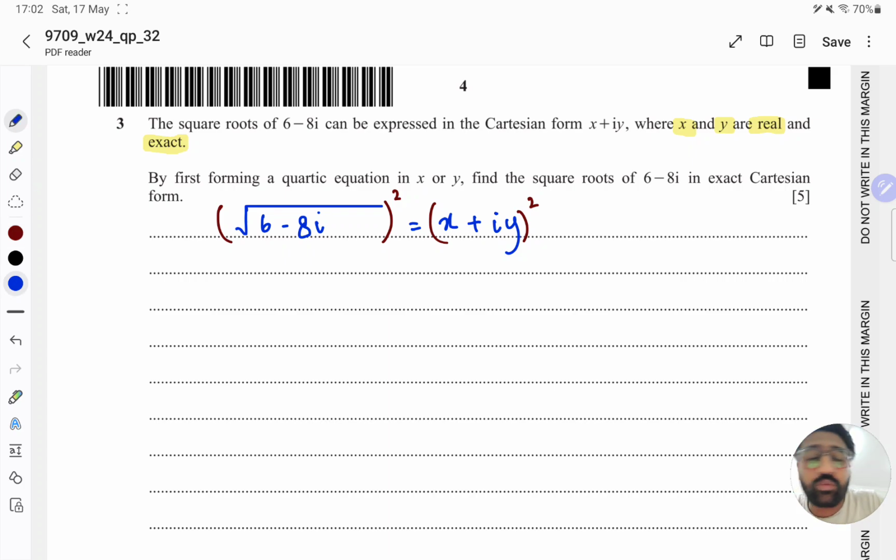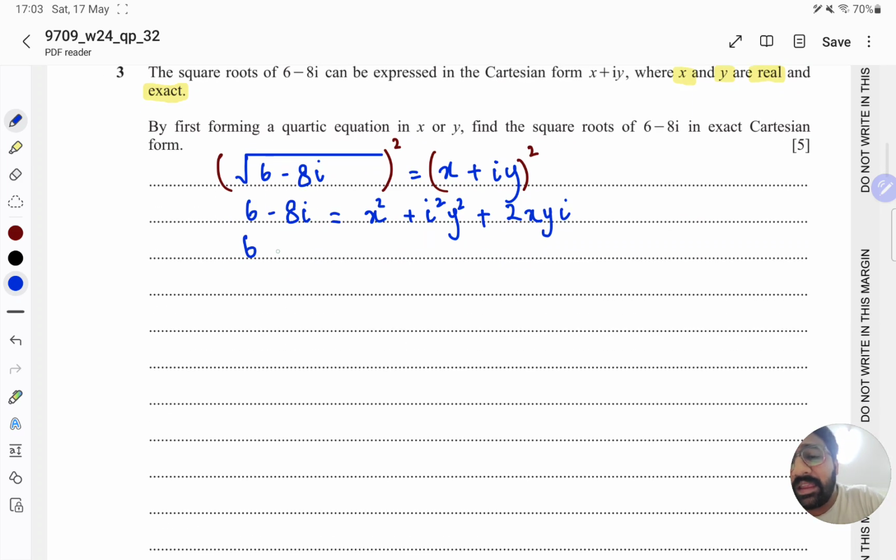So the left side square and square root will cancel out with each other, and it will become 6 minus 8i, and on the right hand side it will be x square plus i square y square plus 2xyi. Now if I simplify, it will be 6 minus 8i, which will be equal to, i square is minus 1, so it will become x square minus y square plus 2xyi.